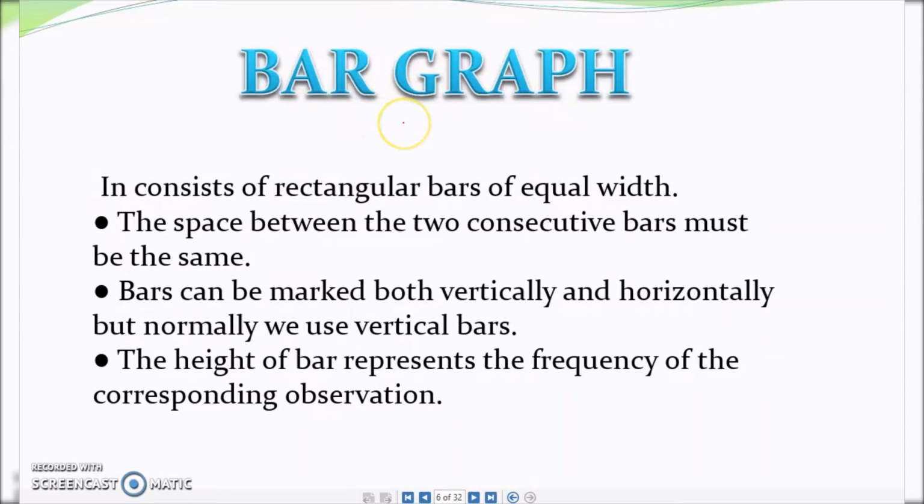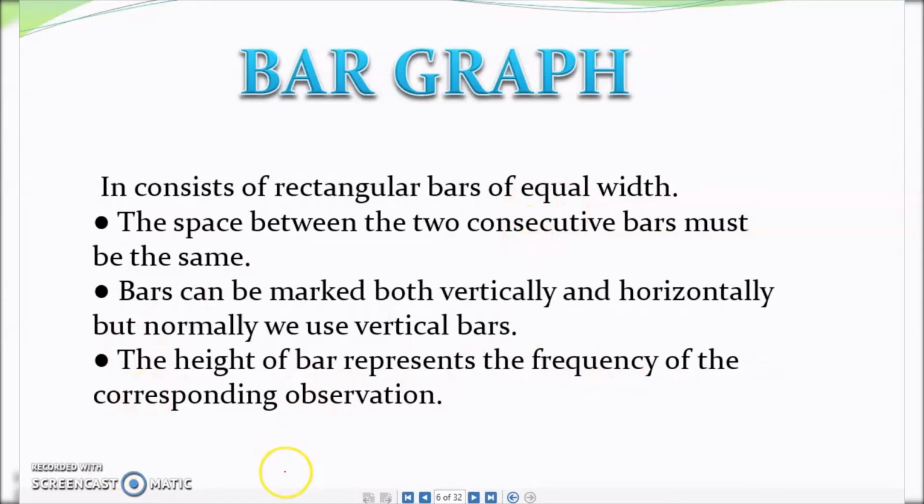So we'll begin with the first type of representation of graphical data, that is bar graph. Now a bar graph consists of rectangular bars of equal width, and there should be equal spacing between the consecutive bars.